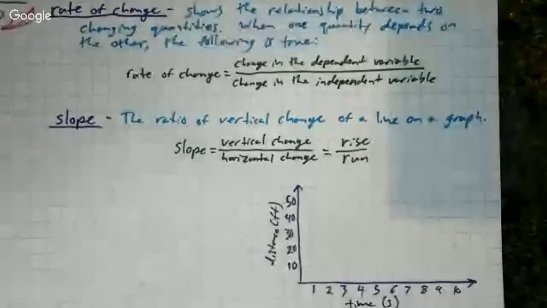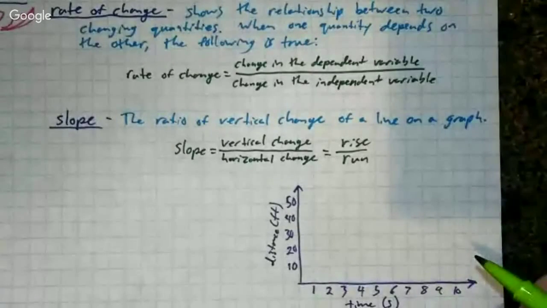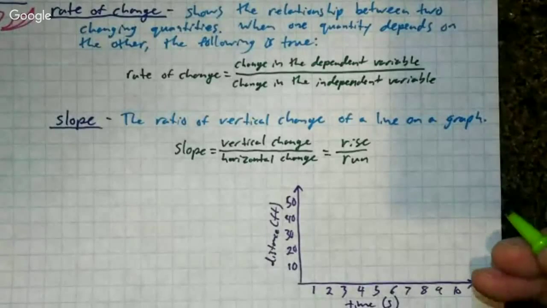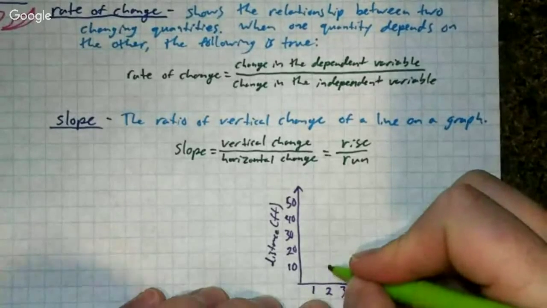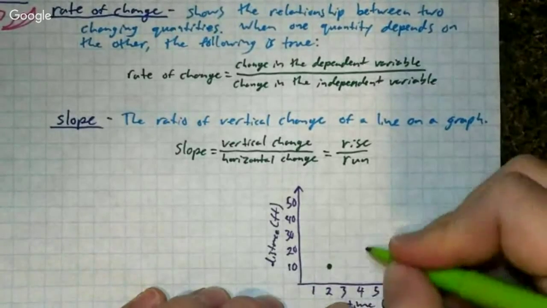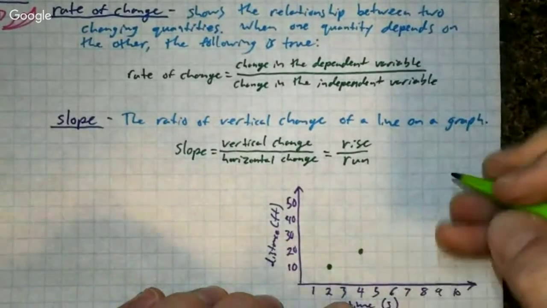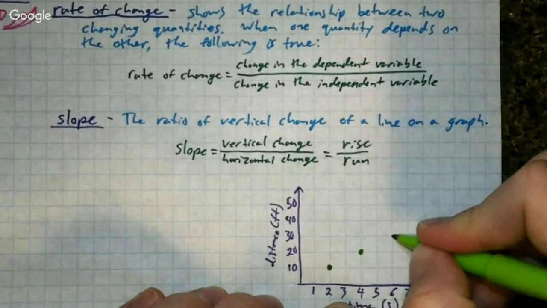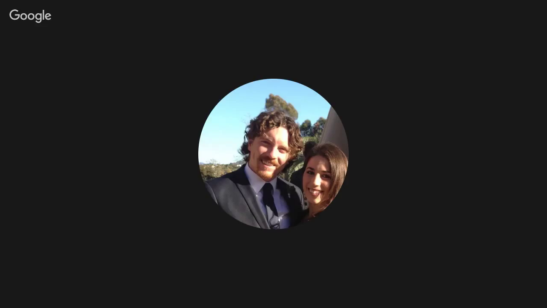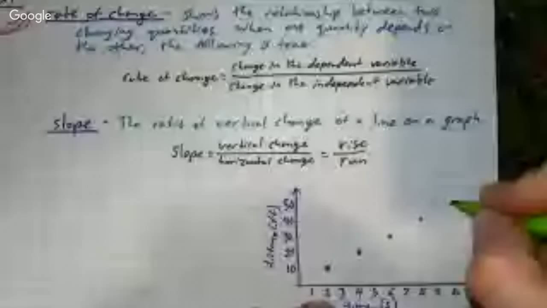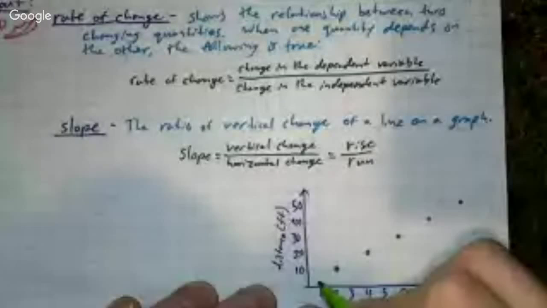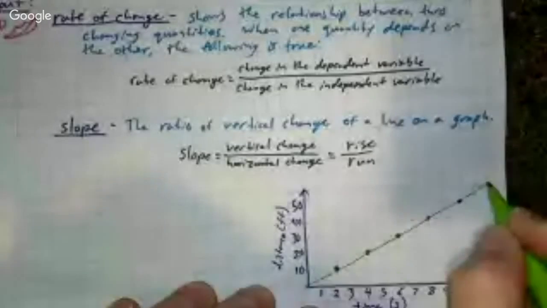Now, on the graph, if this is our line, let's say that one of our points is right there, one of ours is right here, one of ours is right here, one of ours is right here. Okay, so that is our line. We connect those.